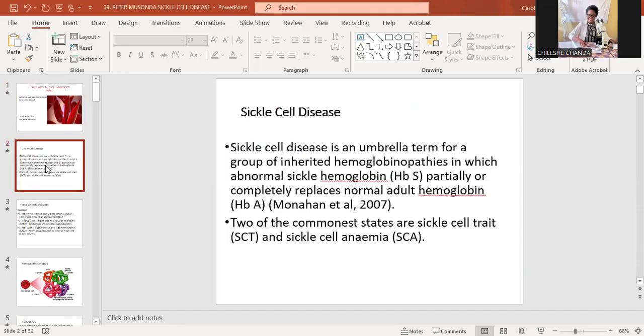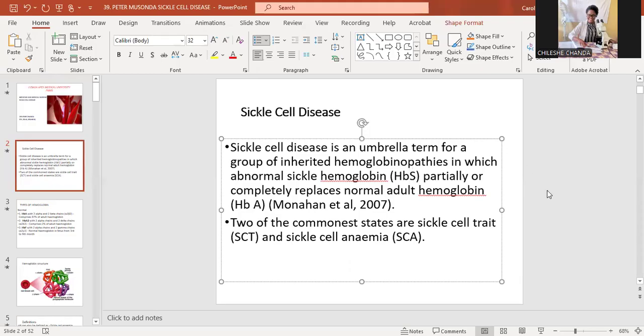Sickle cell disease is an umbrella term for a group of inherited hemoglobinopathies in which abnormal sickle hemoglobin S partially or completely replaces normal adult hemoglobin.